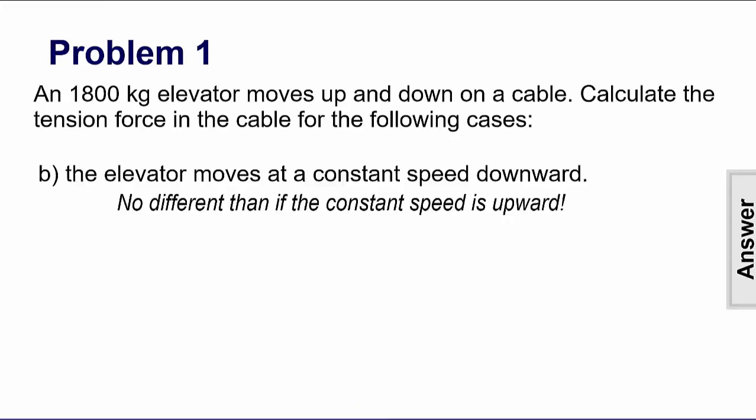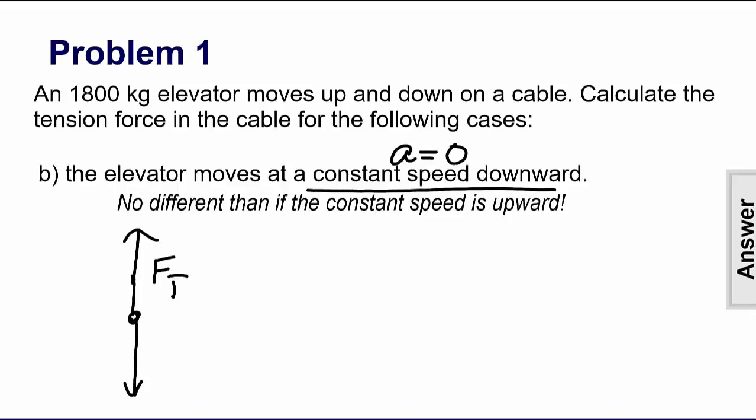Part B says the elevator moves at a constant speed downward. Well, again, constant speed implies that the acceleration is equal to 0. So for part B, nothing has changed. The free body diagram is still tension force up, mg down, and the acceleration will be equal to 0.